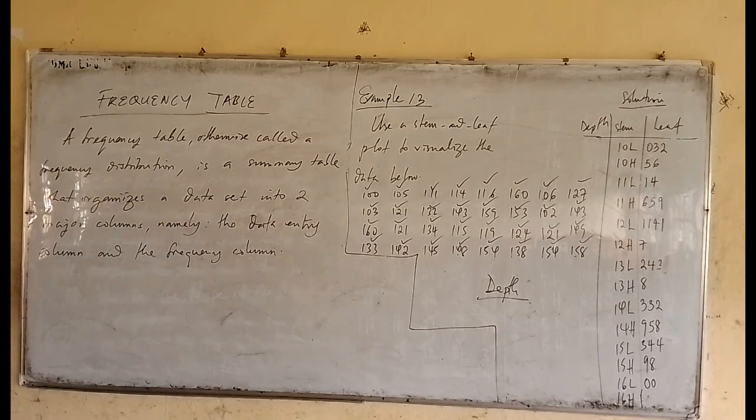So what we call a frequency table is a summary table, such that when given a data set, you can now categorize the data set into that summary table, with one column for the data entries, and the other column for what? Frequencies.